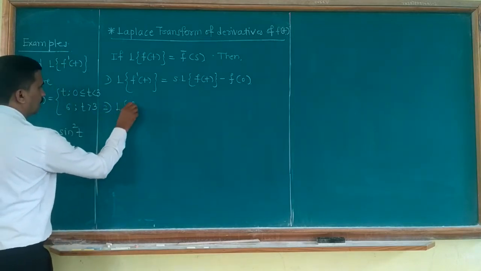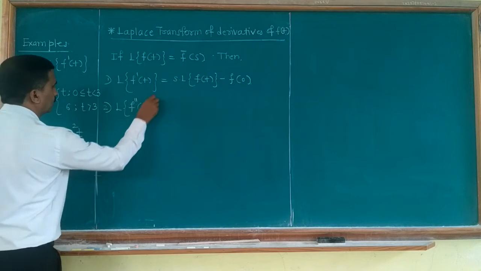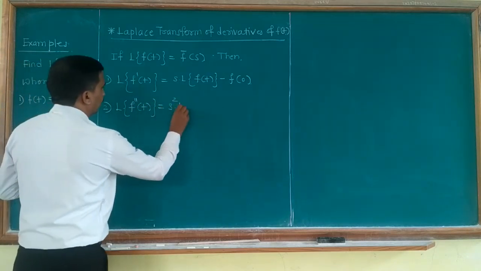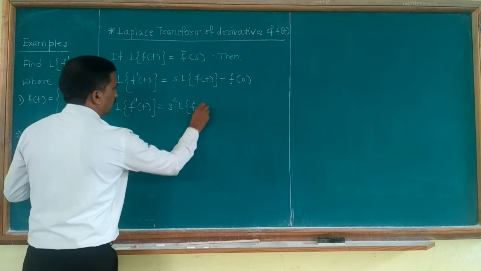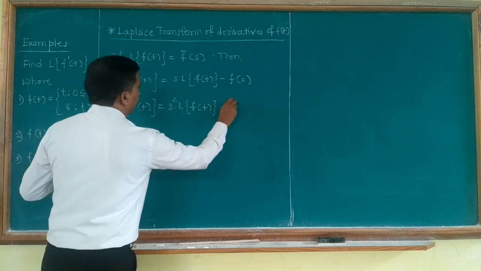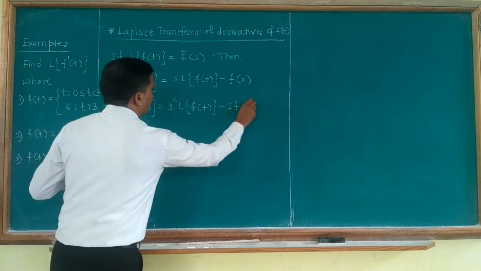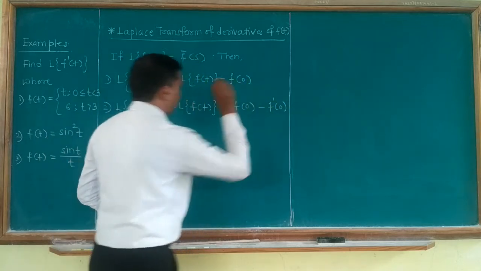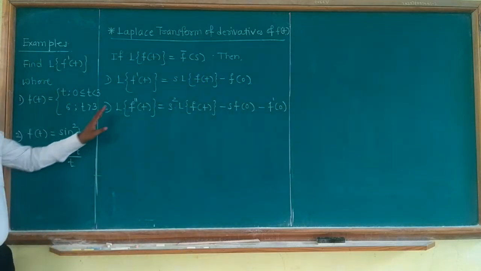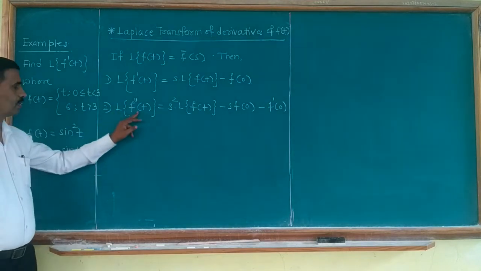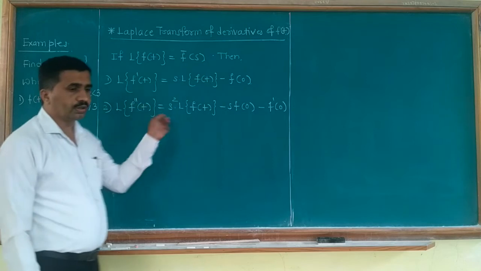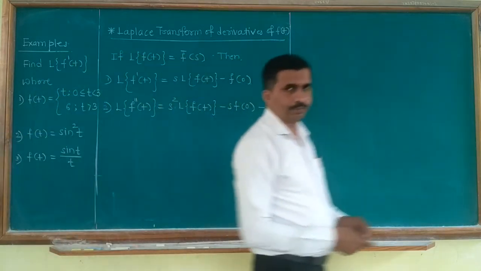the Laplace transformation of f double dash of t is equal to s square into the Laplace transformation of f of t minus s into f of 0 minus f dash 0. This is the formula to find the Laplace transformation of the second order derivative of a given function f of t.